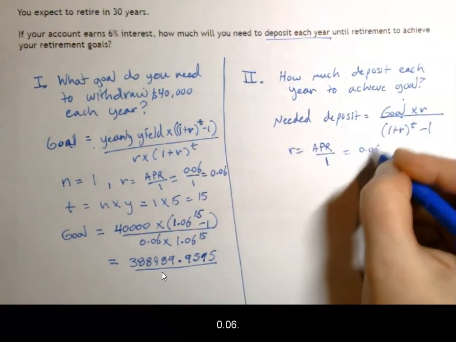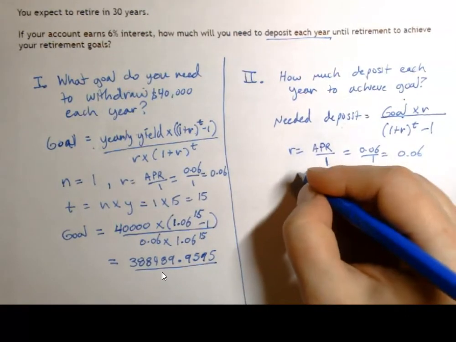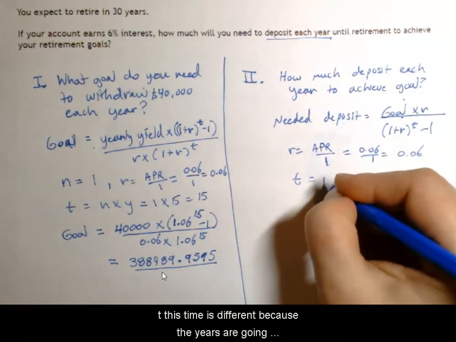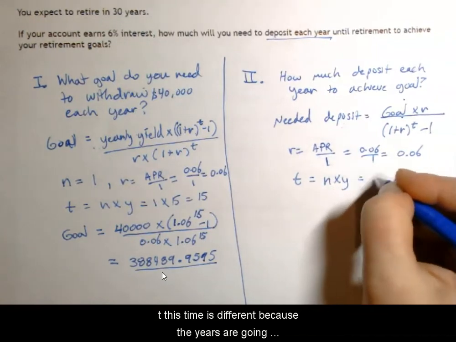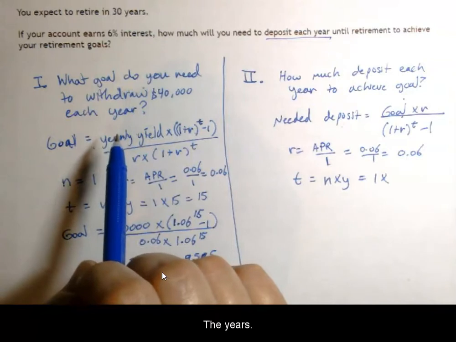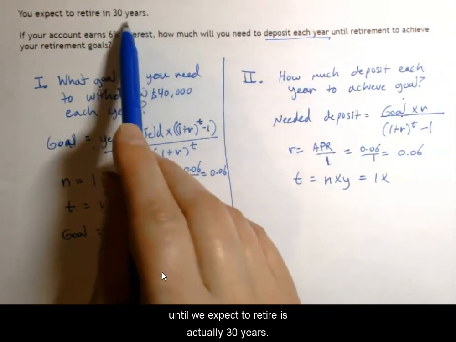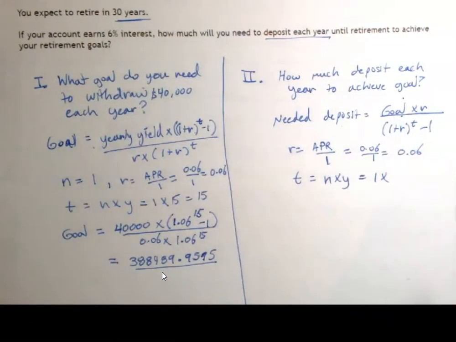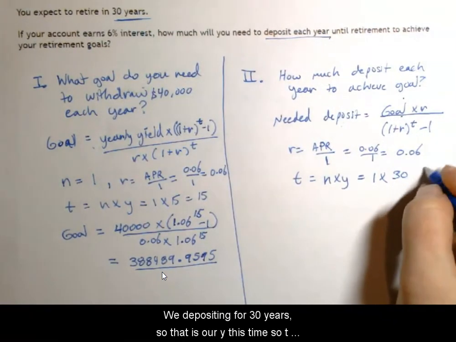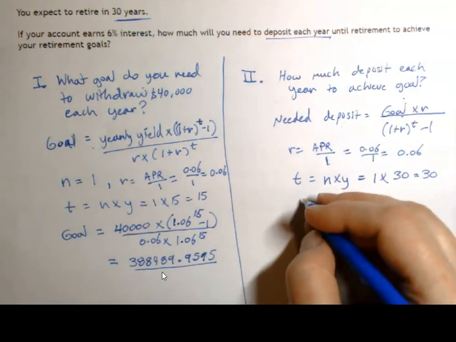So it's 0.06 divided by 1, or 0.06 for R. T this time is different because the years is going to be different. N is still 1, but the years until we expect to retire is actually 30 years. So we're depositing for 30 years. So that's our Y this time. So T is going to be 1 times 30, or 30.